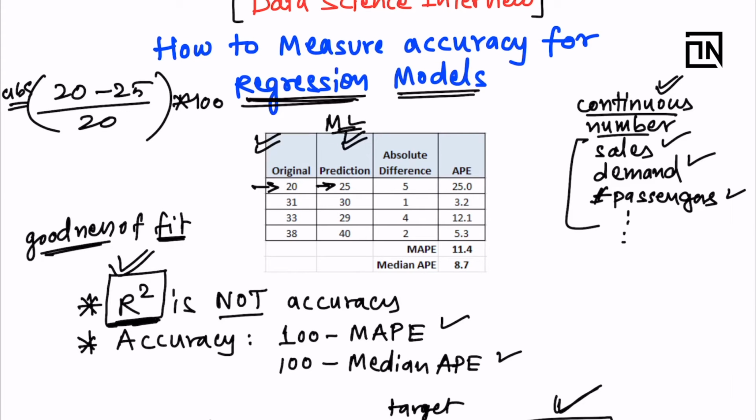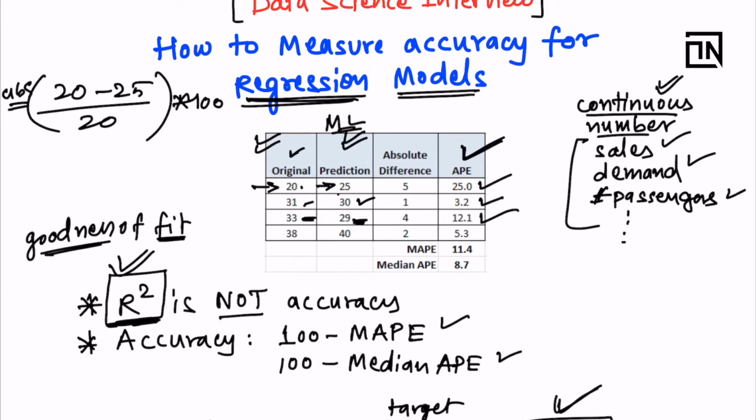So this is nothing but the absolute percentage error which we calculate. So I say 25 is 25% far away from 20. 30 is 3.2% far away from 31. 29, the prediction, is 12.1% far away from the actual value 33. So how far away the prediction is from the actual value or the original value, this is what I'm measuring in absolute percentage error.